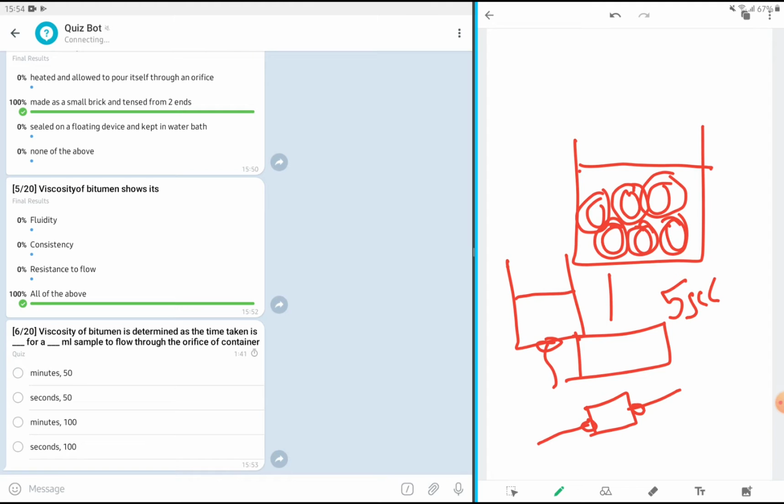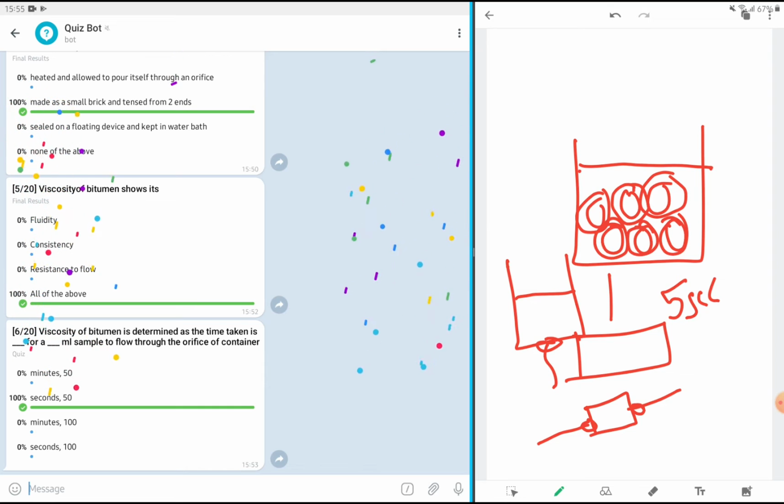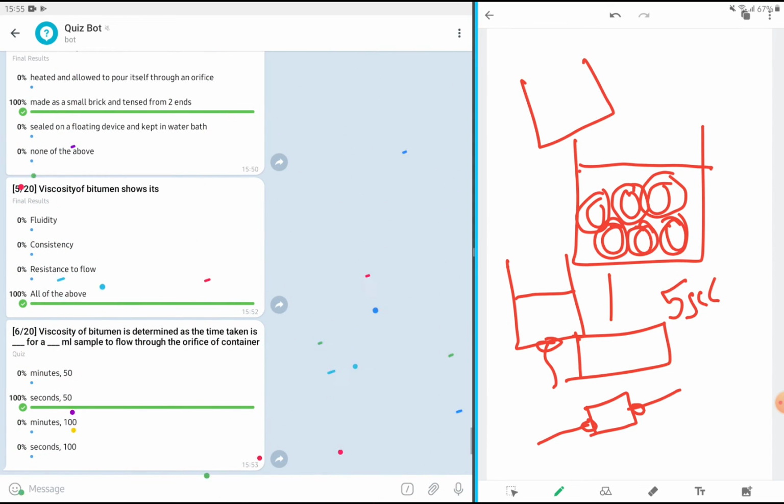The time required for flow is reported in seconds, and the volume of bitumen poured inside the container having the orifice is 50 ml. We fill up 50 ml of bitumen, the container has a hole, and we note down the time in seconds for the 50 ml sample to pour down through that orifice.